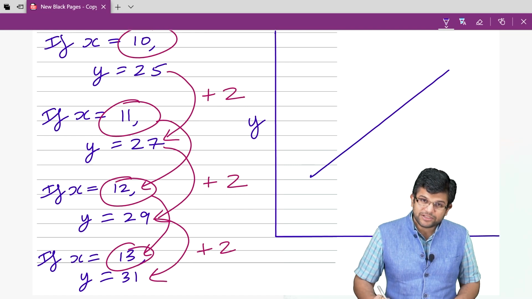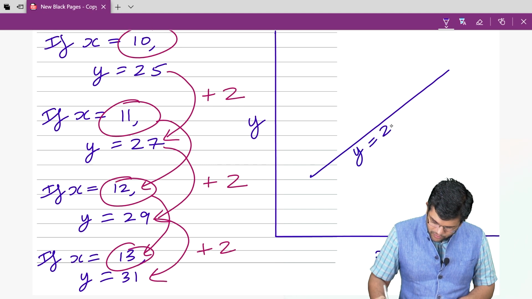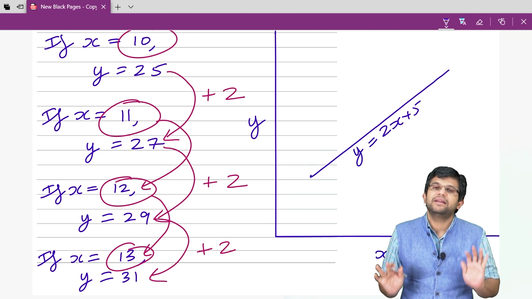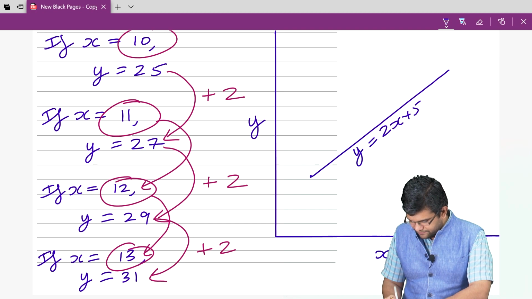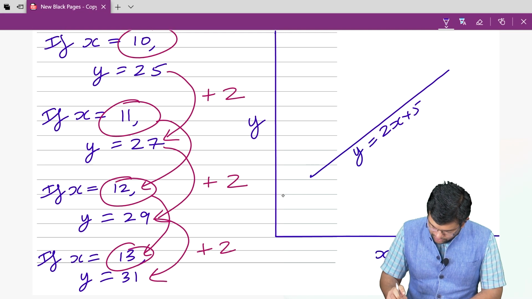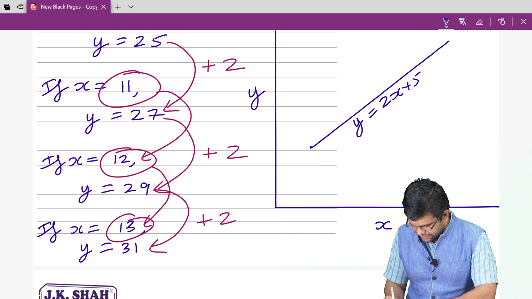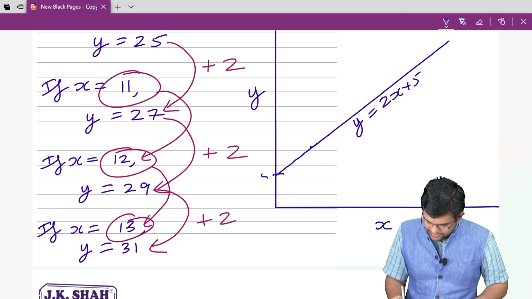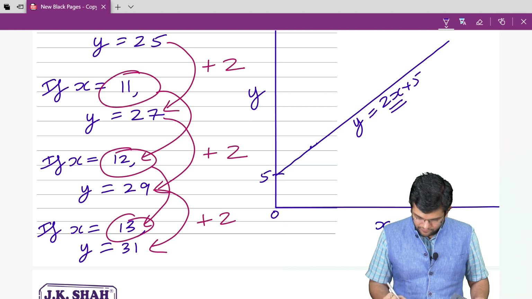And children, this line is straight because all points on this line are following this equation of y is equal to 2x plus 5. Everybody clear till here? In fact, if I can make you remember your mathematics a bit, if this line is stretched further and it hits the y-axis, this point, children, is 5, because when x is 0, y should be 5.